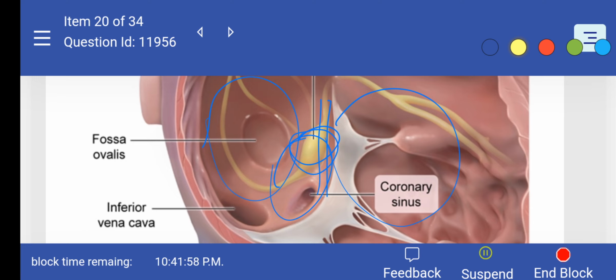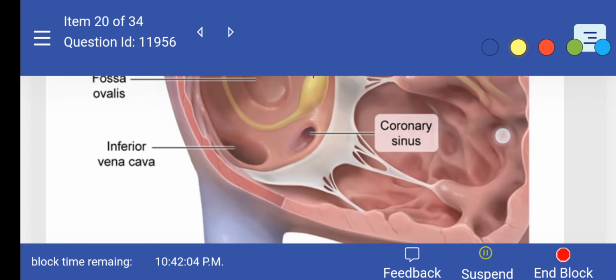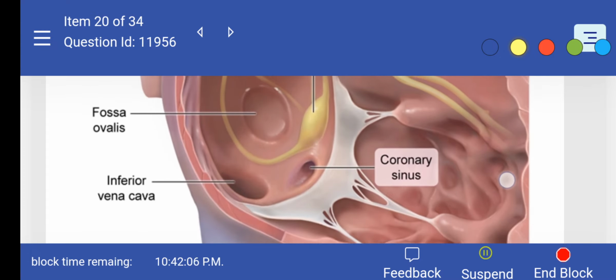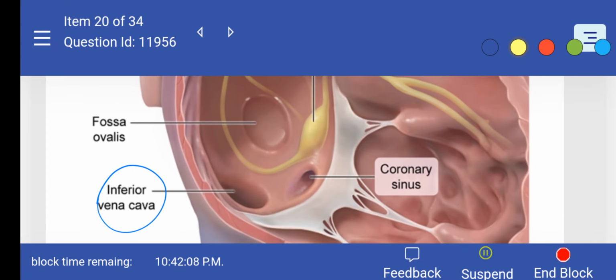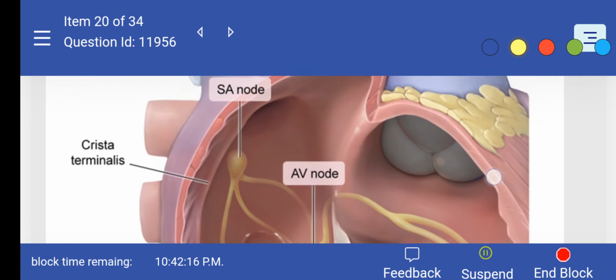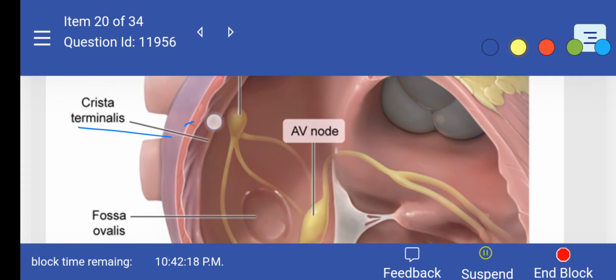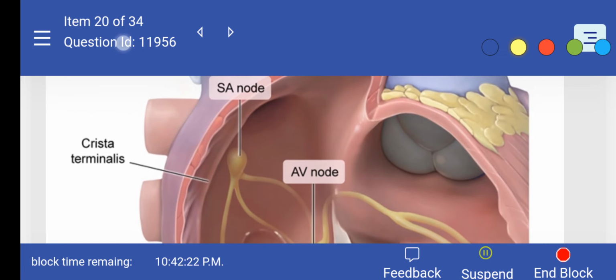And this is the septum between them, right? So like we have the inferior vena cava from below, and this is the fossa ovalis from the foramen ovale, right? And this is the crista terminalis, above portion, right? And we have the SA node, superior and lateral on the right side.